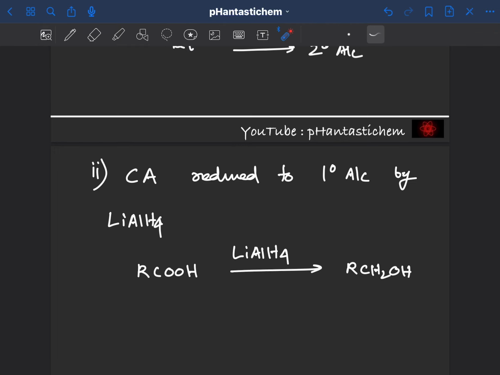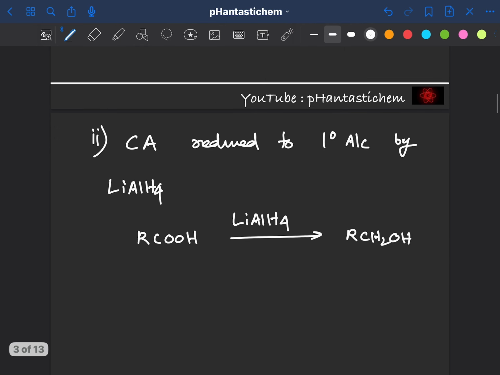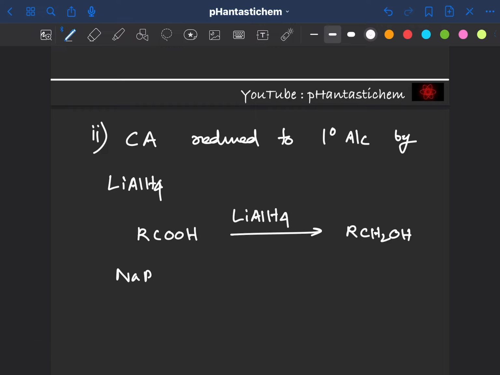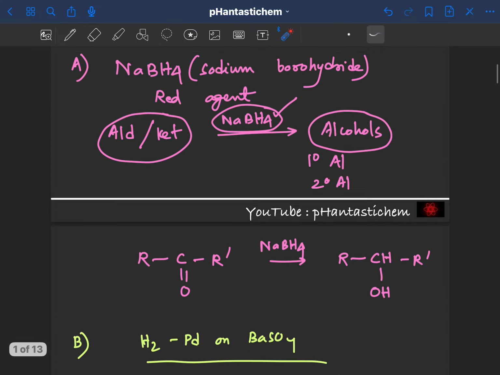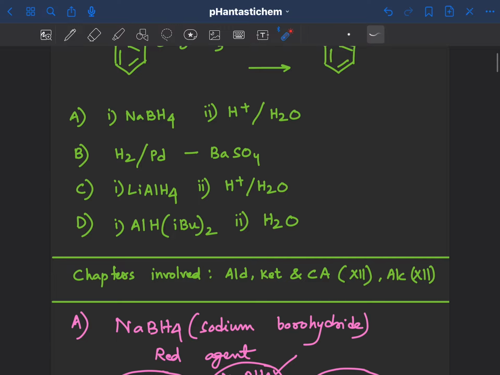We cannot use sodium borohydride for this. That's an important thing, NaBH4 cannot be used for this. So remember this point: whenever you have to convert a carboxylic acid to a primary alcohol, always LiAlH4 has to be used.